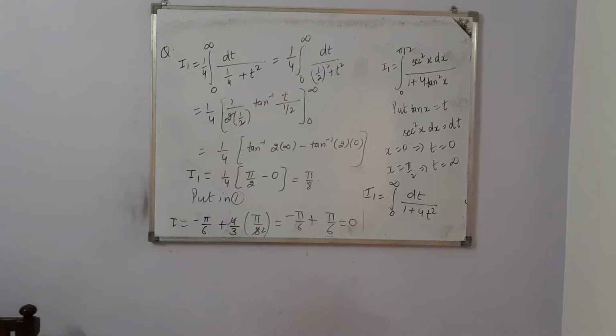Minus pi by 6 plus pi by 3. Here I am making some mistake, I need to find it out.